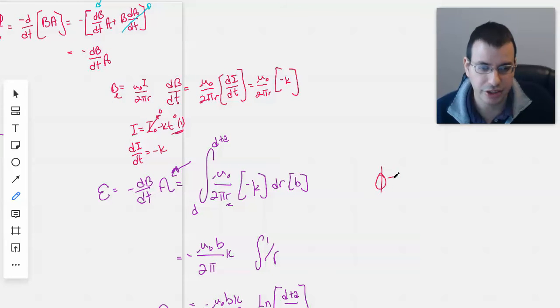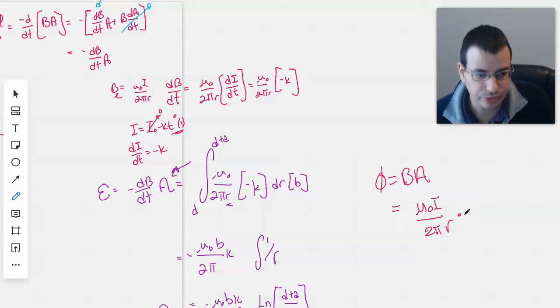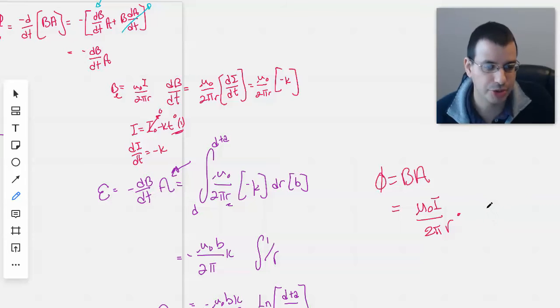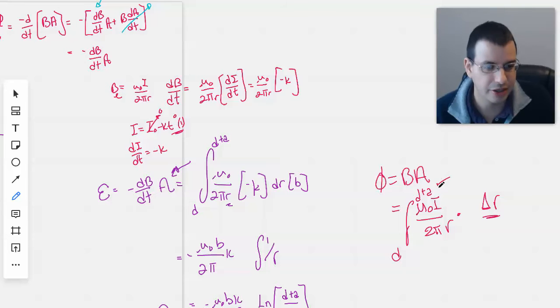So flux equals B times A. We know that B was mu naught I over 2 pi R times area, which we decided was dr from D to D plus A. So this gives us our height, times B. These two together give us our height. This gives us our width.